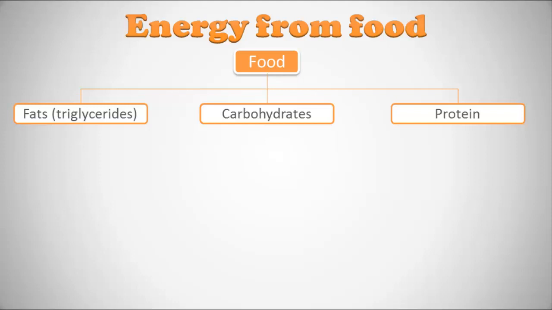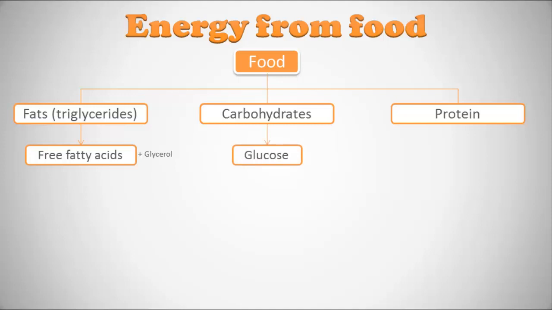So you eat food, and it's most probably going to contain fats composed of triglycerides, carbohydrates, and proteins. When we eat fats, they're going to be broken down into free fatty acids and also this glycerol head, but we're going to be primarily concerned with free fatty acids. Carbohydrates are going to get broken down into glucose, and protein is going to get broken down into amino acids.